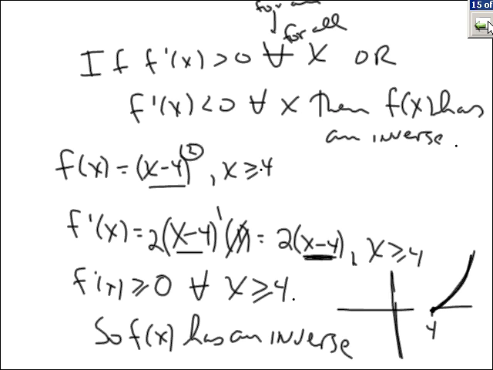It's just this portion of the graph of x minus 4 squared. No matter which horizontal line I draw, it only crosses it in one place, or no places. It never crosses in more than one place. So that is the graph of a function that has an inverse. Okay, that finishes this section on inverses.